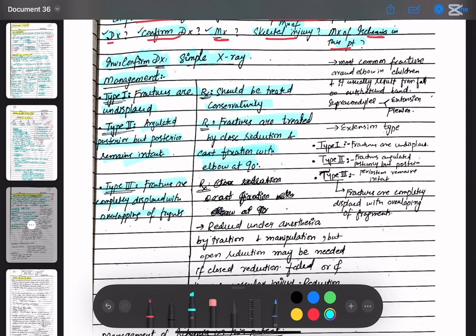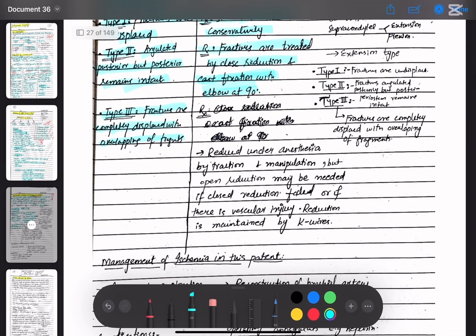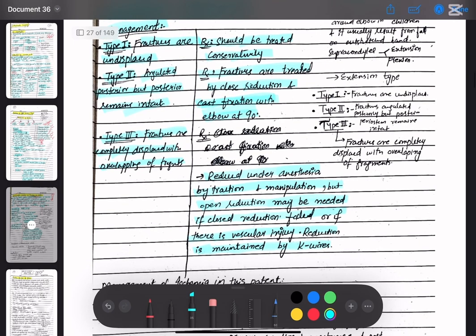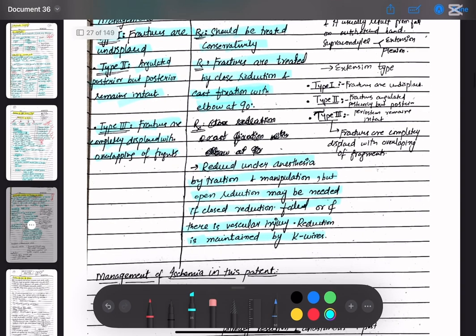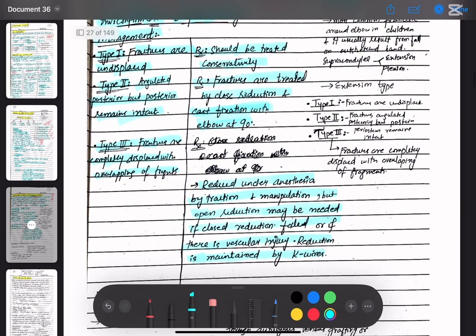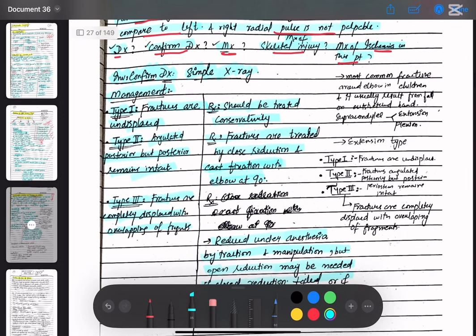Now the treatment is that reduce under anesthesia by traction and manipulation, but open reduction may be needed if closed reduction failed, or if there is vascular injury. Reduction is maintained by K-wires. Okay, so type 1 fractures are undisplaced, type 2 fractures angulated posteriorly but posterior cortex remains intact, and type 3 fractures are completely displaced with overlapping of fragments. This is the treatment option: if it is type 1 fracture, that is undisplaced, then it should be treated conservatively.